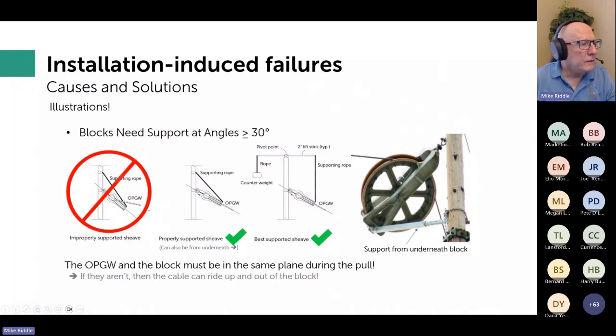You may not get it right, because it's a dynamic situation. What you would want to do in the field is have the block in a plane a little bit above the cable before you start the pull, so that the cable then comes up into the same plane.